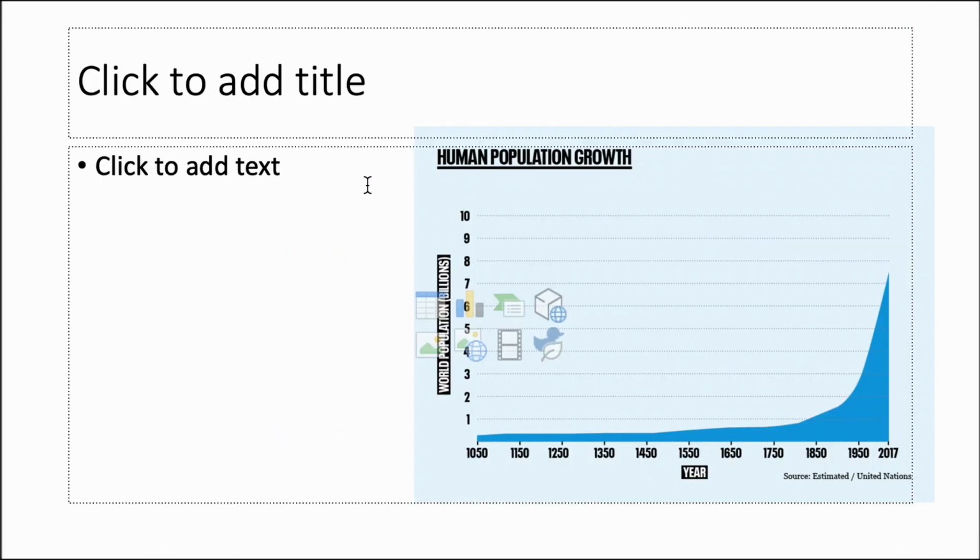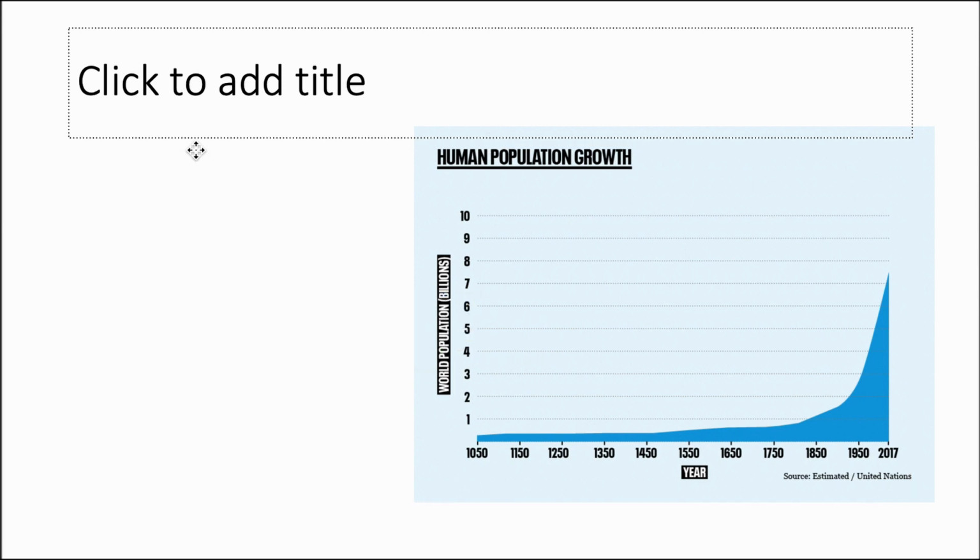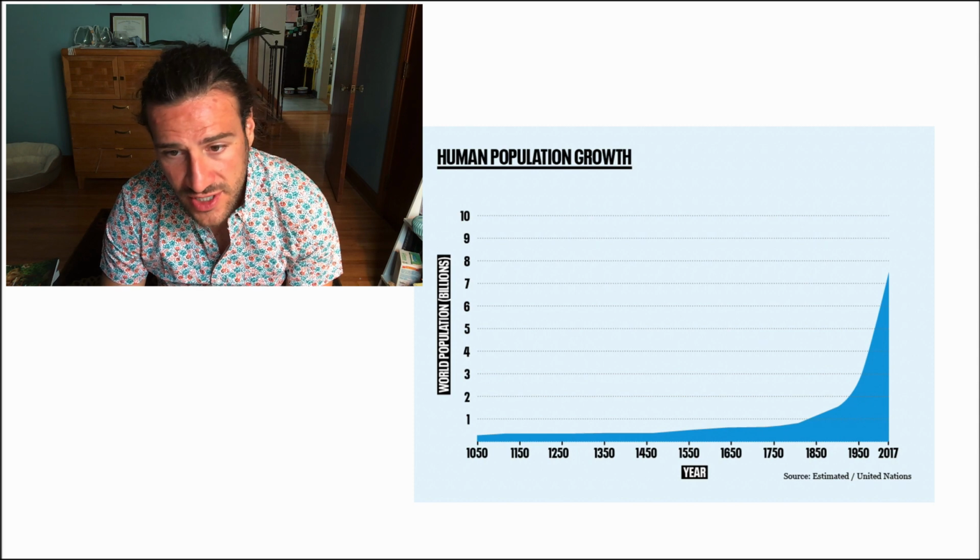So this figure shows human population growth, and the difference between those two figures is the time scale. In the first figure I showed you, it starts at 1700, right?